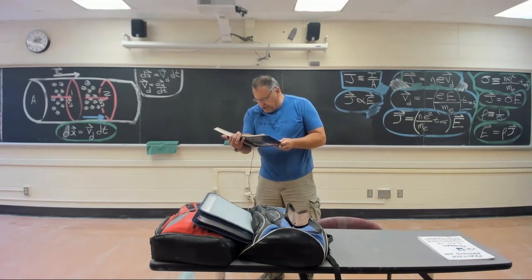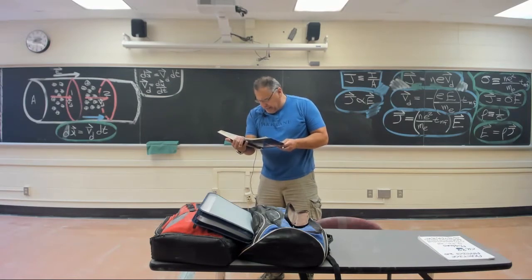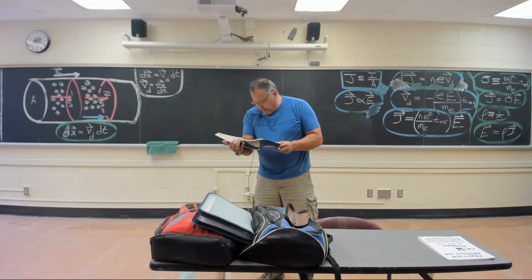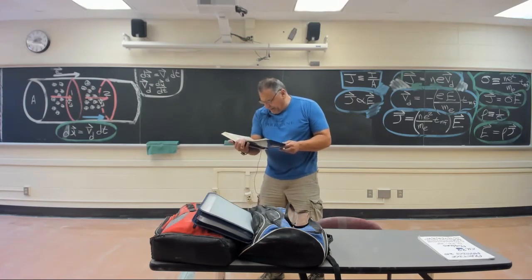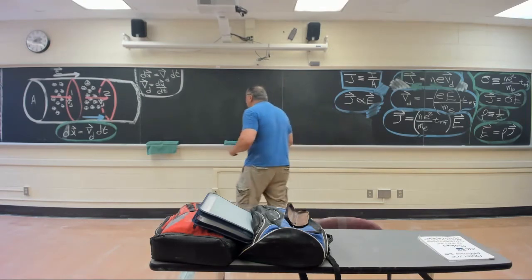The amount of charge dq passing through area 1 in the time interval dt depends on the number of particles, capital N, going through there, and the amount of charge e that each one carries. What's going on here?